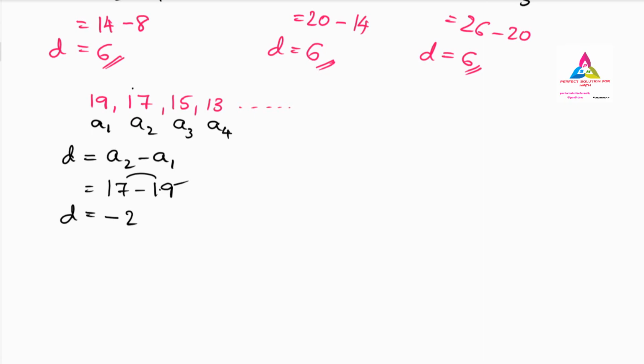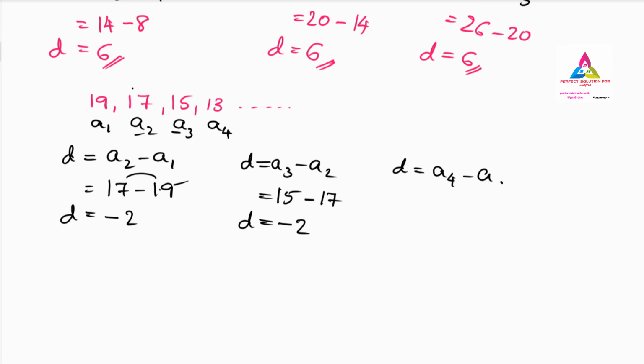If you want to verify, you can go further. D is equal to one more, A3 minus A2. Here A3 is 15, A2 is 17. So 15 minus 17, the larger number gives the minus sign. So 17 minus 15 is 2, so the D value is minus 2. Next, if you want to verify again, D is equal to A4 minus A3.